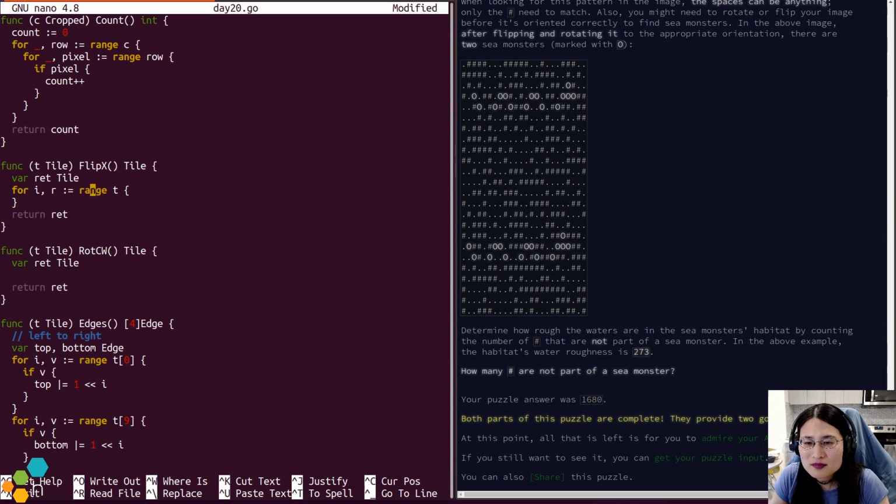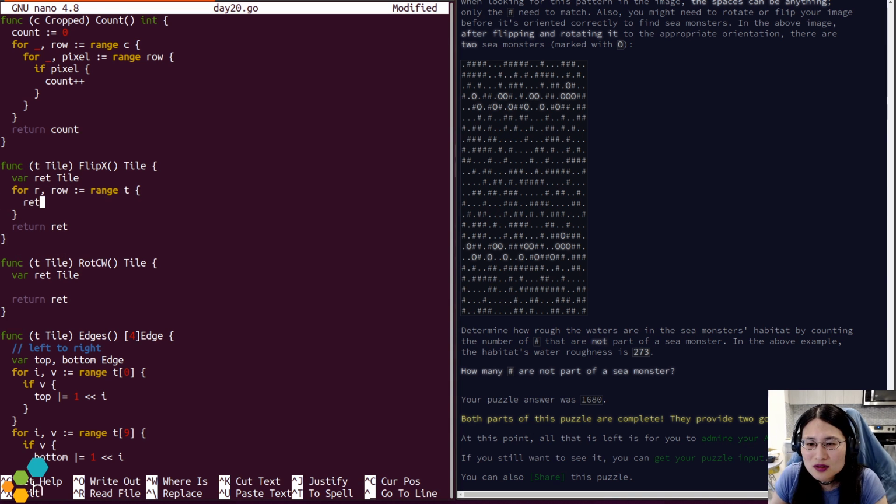So ret of 10 minus r is going to be row. 10 minus r? No, it's going to be 9 minus r. This tripped me up before because it's 0 indexed, so therefore it needs to go from 9 to 0 rather than from 10 to 1. Okay. Good, good.